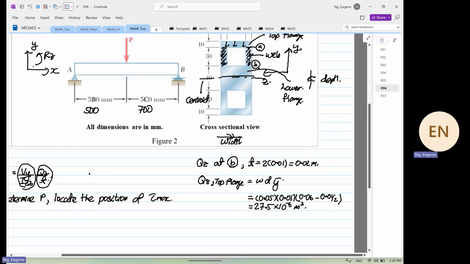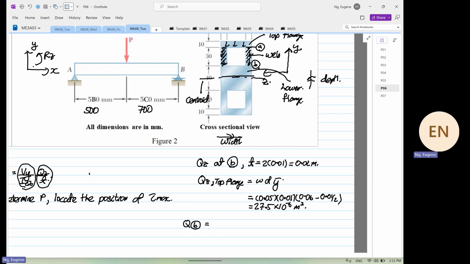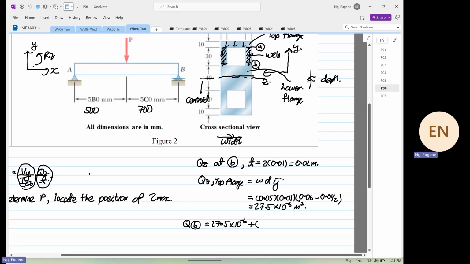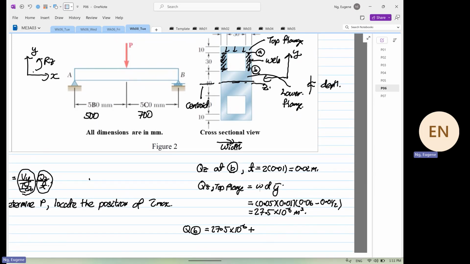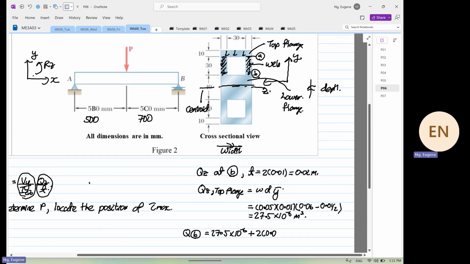Okay. Then we are going to calculate the Q at the web, or the Q at point B. I'm going to call it our Q at point B. So this is equal to 27.5 times 10 to the power minus 6 plus the width, which is equal to twice, because we have left and right, twice 0.01.